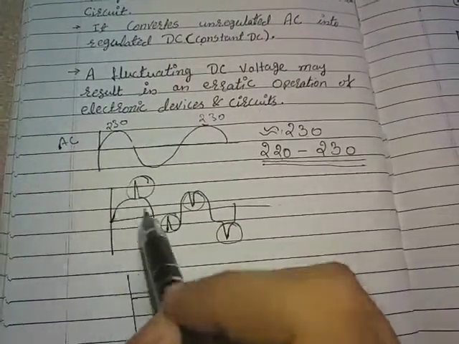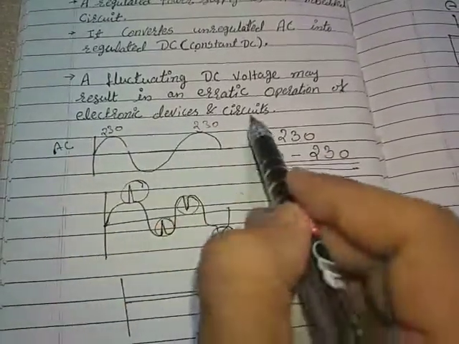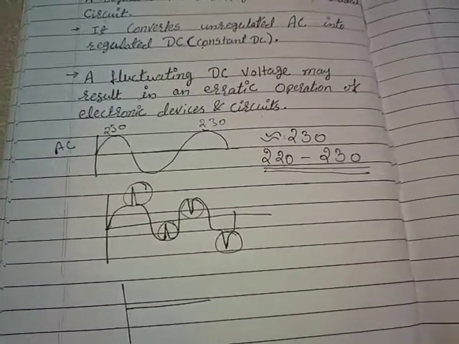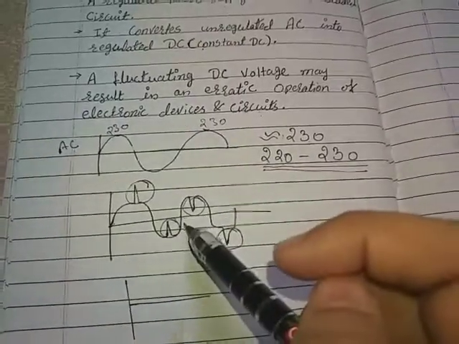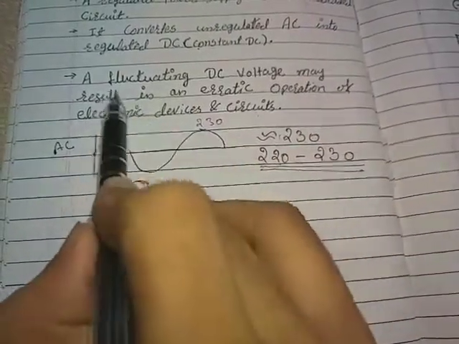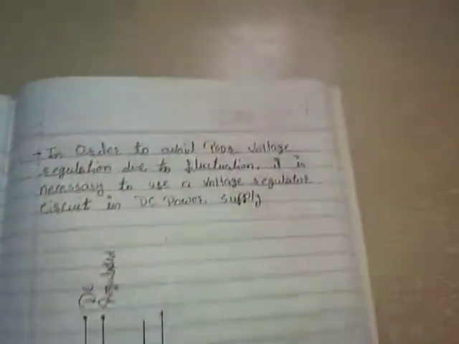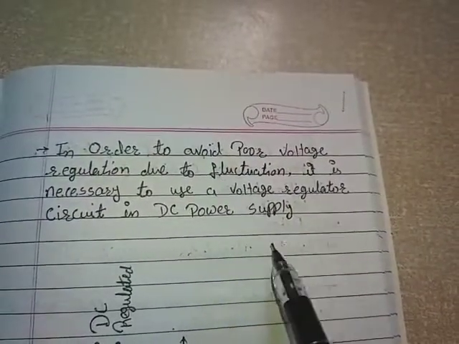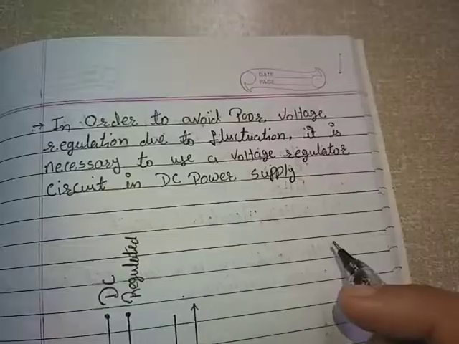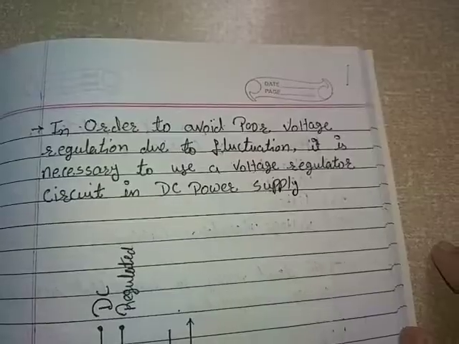Now, if we are getting something like this, what will happen? The circuit will get damaged very soon, or will start performing erratic operations. To make sure this doesn't happen, and this fluctuation does not affect my device or circuit, we are using a voltage regulator. So what is the use of a voltage regulator? A voltage regulator gives a constant output irrespective of the input.